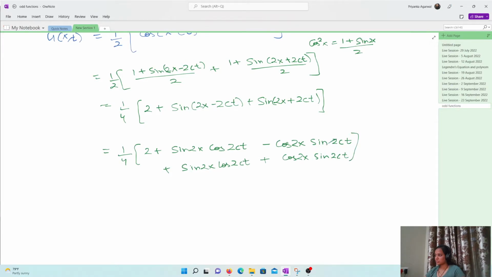Okay, now these two get cancelled. What are we left with? 1 by 4 [2 plus 2 times sin 2x cos 2ct].